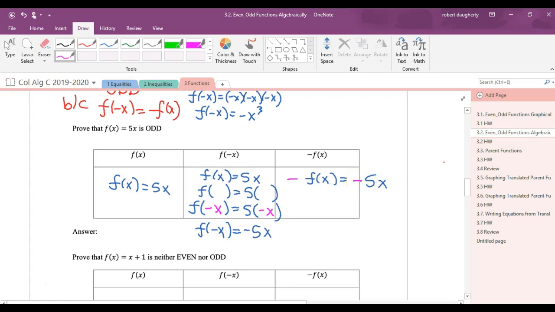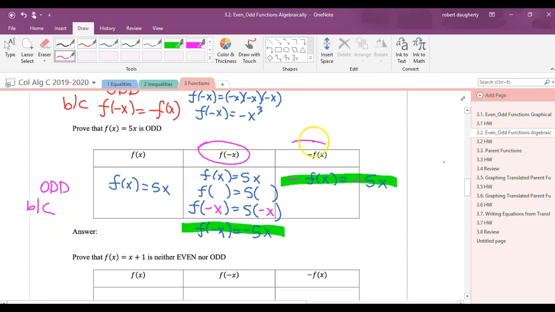Now, do f of negative x and negative f of x match? Yes. So we know this is an odd function. Why is it odd? You just copy down: it's odd because those things are equal, because f of negative x equals minus f of x. Okay?